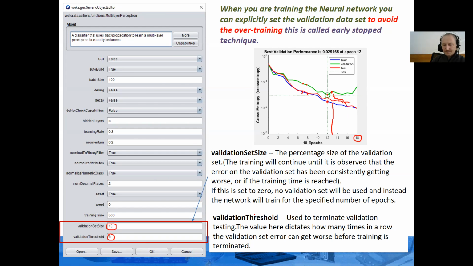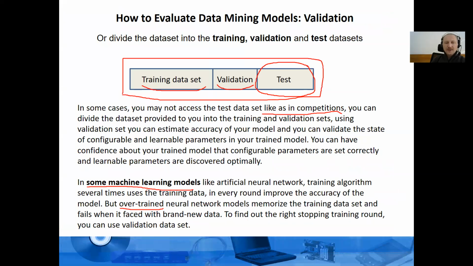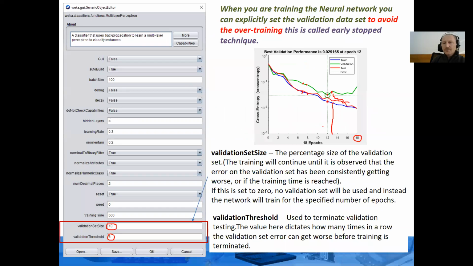In some models, you may divide your data into 3 parts: training data, validation data, and test data. In that case, the validation data will not be used to find the accuracy of your model. What exactly will it be used for? To find in which epoch, in which training round, I should stop the training.